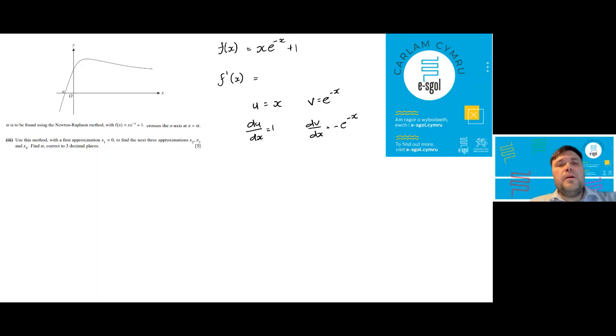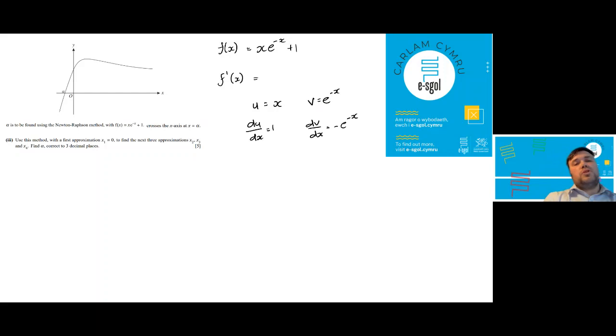It's always useful to write down the formulas, because if you put the formula in and you make a mistake, but you've shown which formula you're using and it's the correct formula, you pick up a method mark. But if you just put down your values in, which you think is the correct product formula, and you get it wrong, then because you haven't shown a method, you would lose a mark.